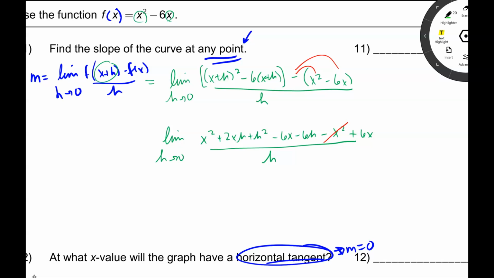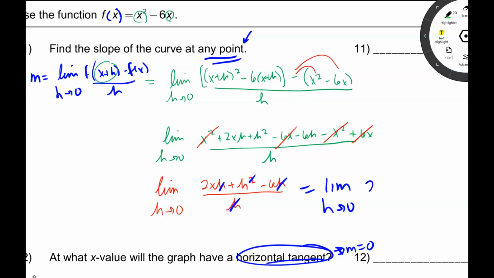Your regular functions should cancel. So you see how we have an x squared and a negative x squared, and we have a negative 6x and a positive 6x. That's on purpose. You'll know you're on the right track if everything without an h goes away, because we want to cancel out the h that's on the bottom, so everything that's left should have an h. That's the process, and that's the flow. It's an easy way to check if you did it correctly.